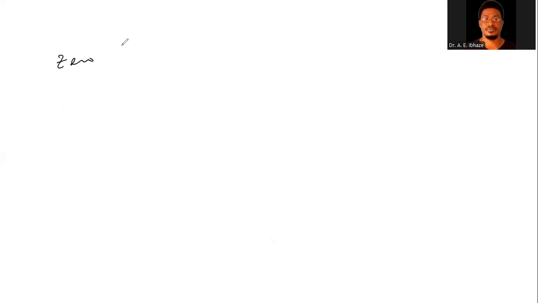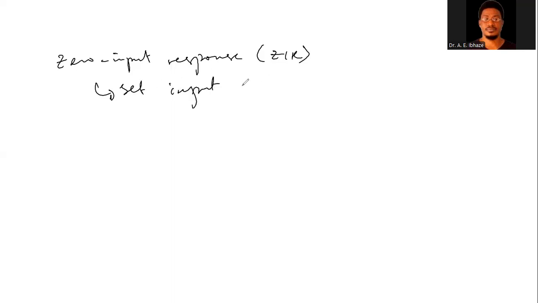To evaluate the zero input response, say ZIR, what we have to do is to set the input source to 0. So that's why it's zero input, right?